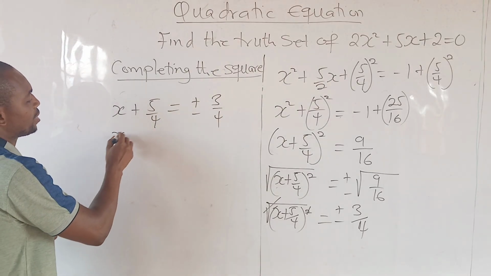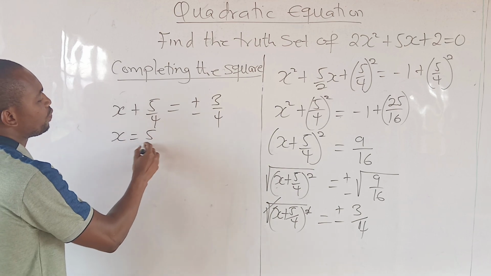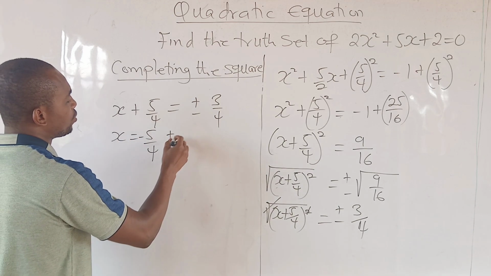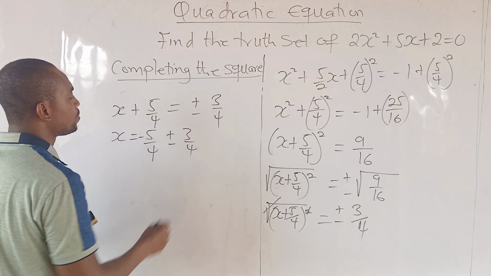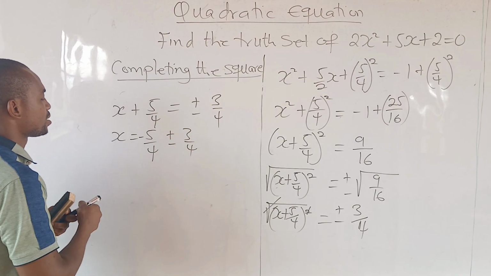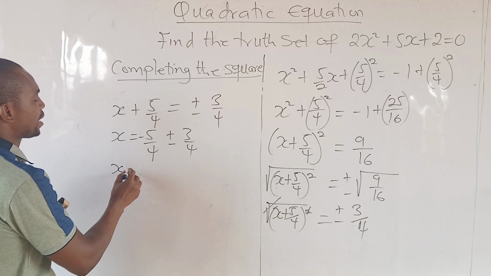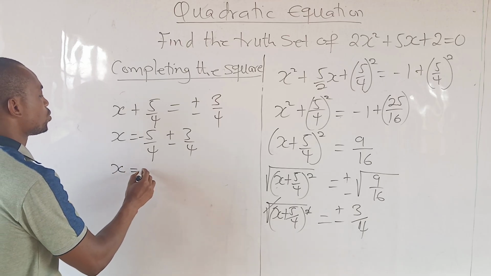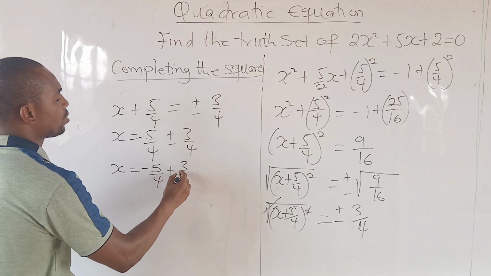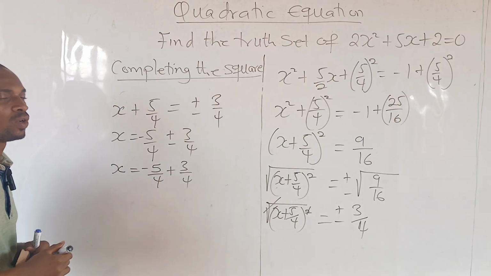So making x to be equal to negative 5 on 4, plus or minus 3 on 4. So you are going to take the positive sign first. So x equal to negative 5 on 4 plus 3 on 4.